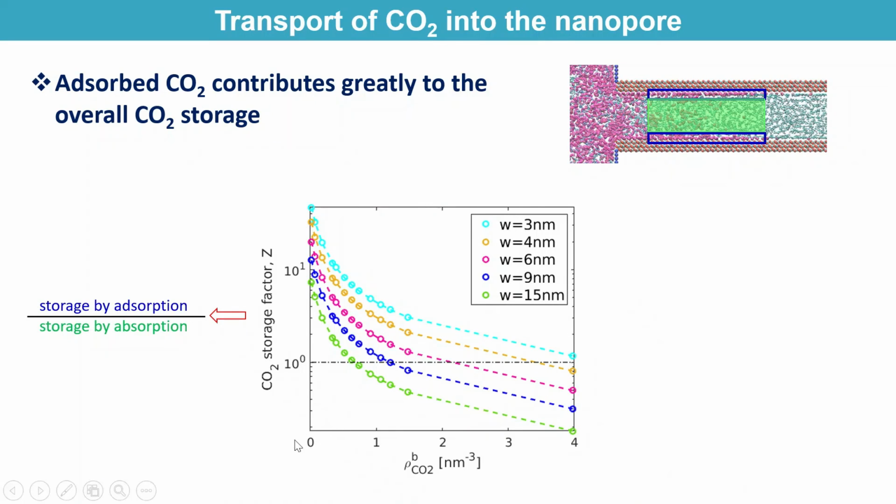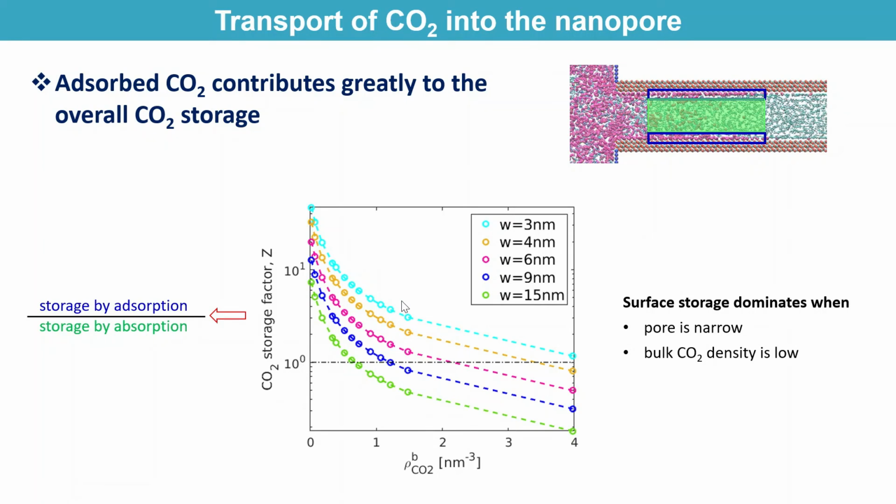What this figure tells us is that inside a given pore, as the density of bulk CO2 decreases, the storage by surface adsorption becomes more important. And at a given bulk density, as the pore becomes smaller, the adsorption contributes more to the storage. So basically, we claim that surface storage really can dominate CO2 storage when the pore is narrow or when the bulk CO2 density is very low.